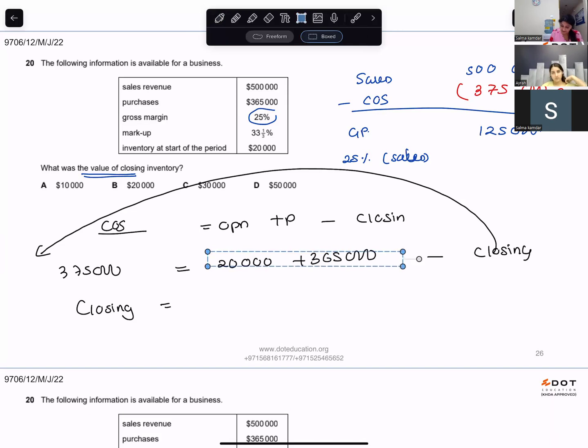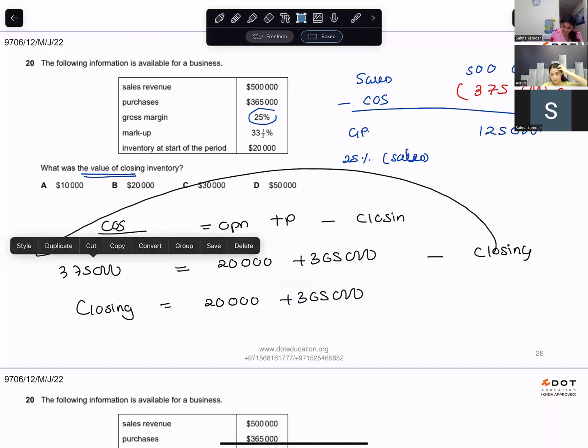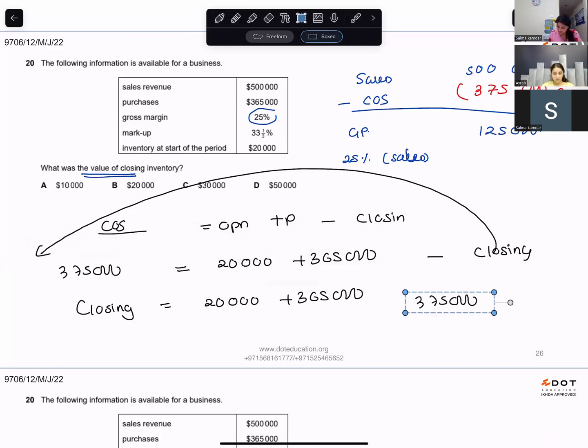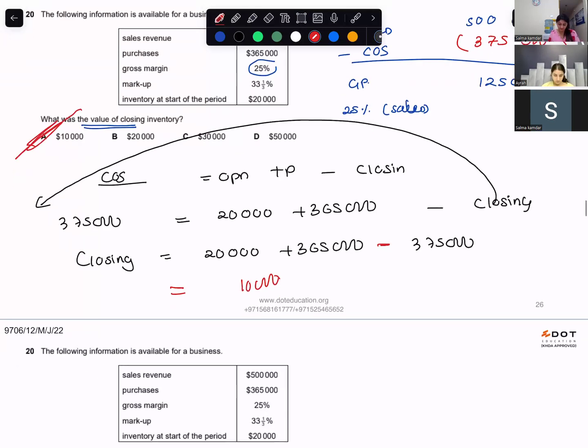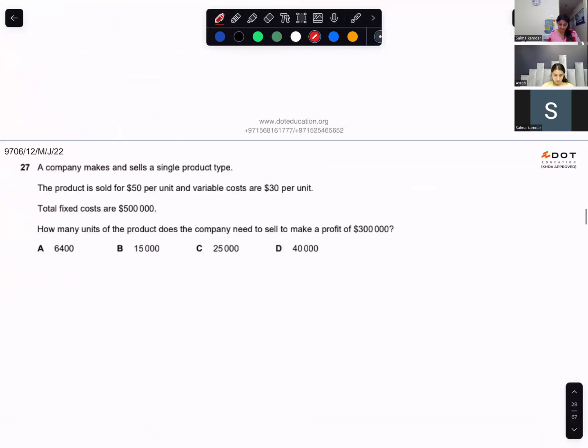You do the calculation: 20,000 plus 365,000 minus 375,000. So it's coming up to how much? 10,000. So the value of your closing inventory is 10,000. Option A.